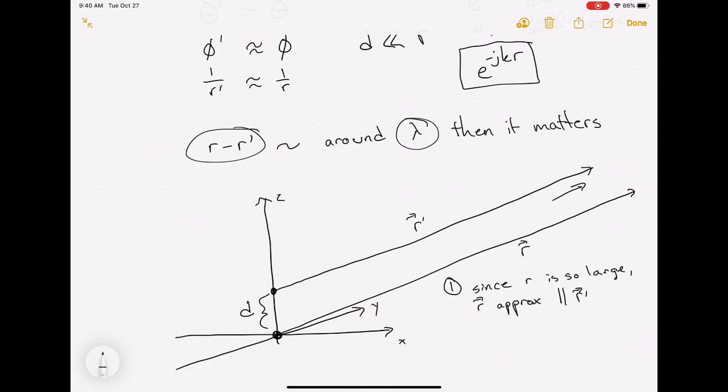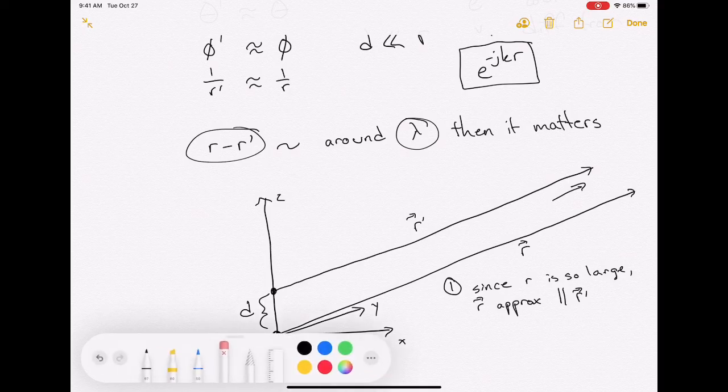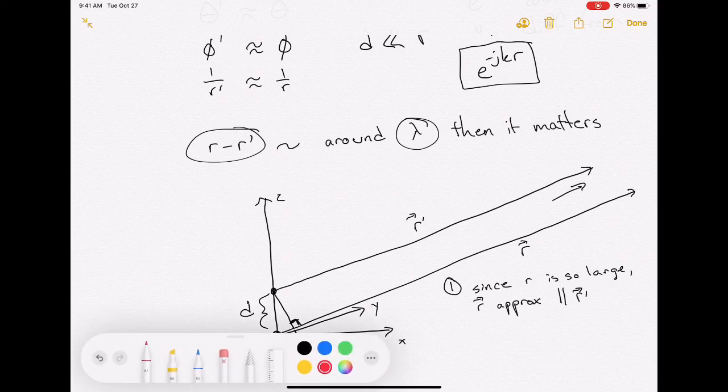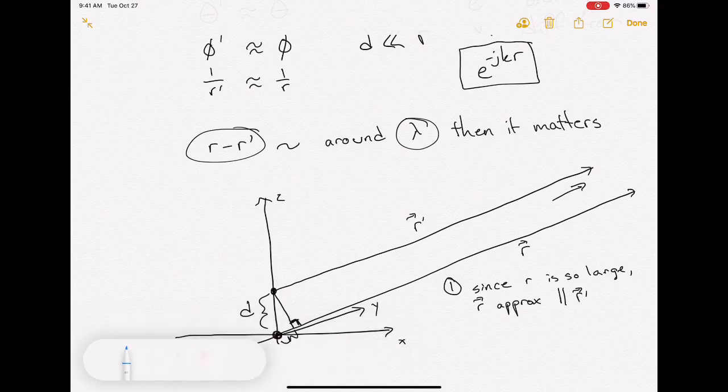Point number two is because of that, the difference in length between R and R prime is just, if you drop a perpendicular line here, this little distance right there. In fact, I'll draw it in a different color so you can really see it highlighted. The difference in length that we need to know is that distance.